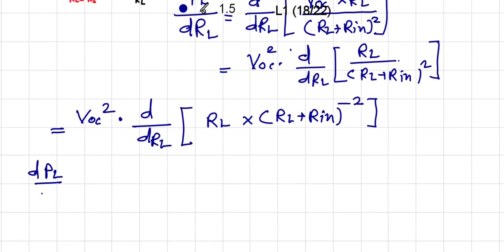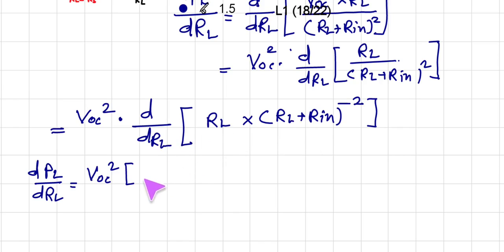Using that formula we have dPL by dRL is equal to VOC square into v into derivative of u plus u into derivative of v.